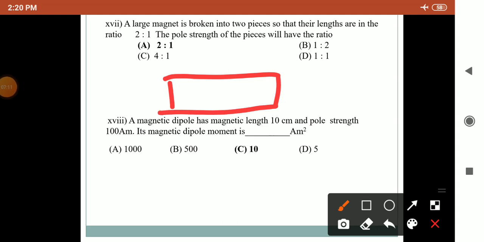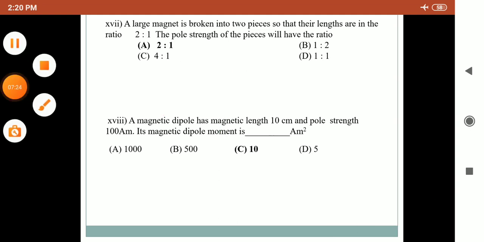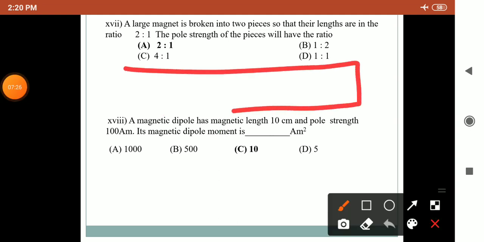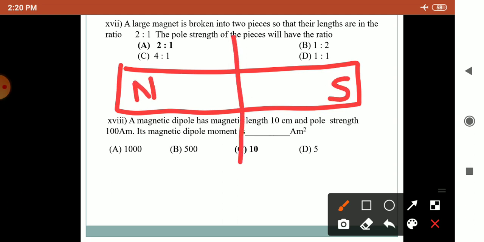When you take any bar magnet, north and south, and break it here, immediately this will be north as it is and this portion becomes south. Suppose this is the north pole and this is the south pole, if you break it in the middle, then at this position a south pole is created and here it becomes a north pole. So the ratio of pole strength will remain the same.